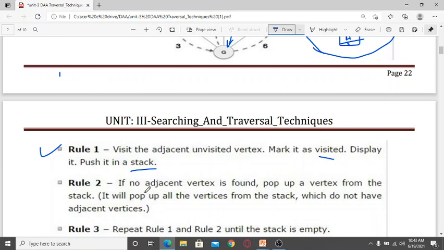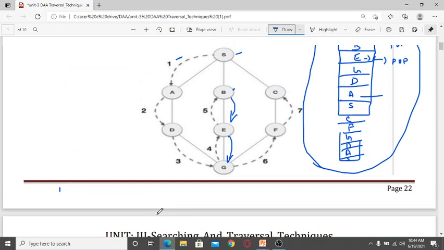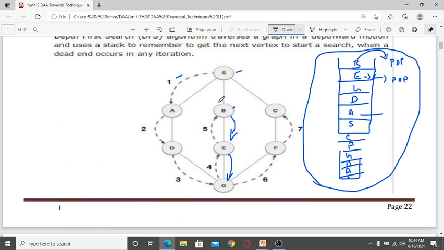Rule number 2: if no adjacent vertex is found, then pop a vertex from the stack. It will pop all the vertices from the stack which do not have adjacent vertices. Like here, just now we reached B, and from here there is no adjacent unvisited vertex. S is visited, so it does not have any unvisited.